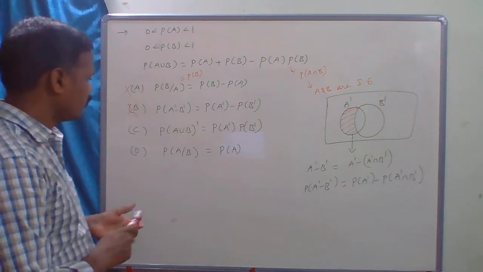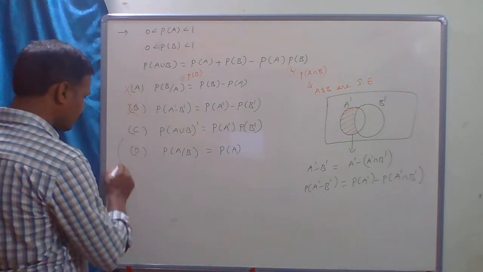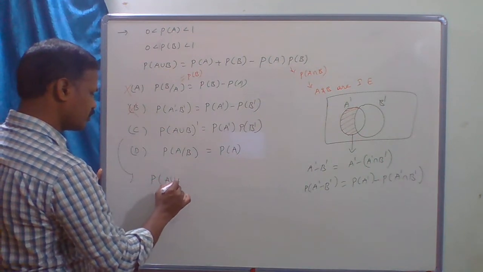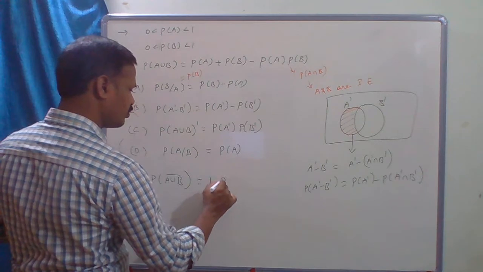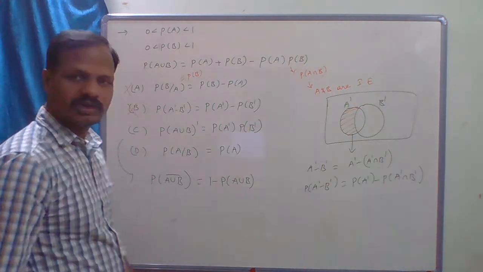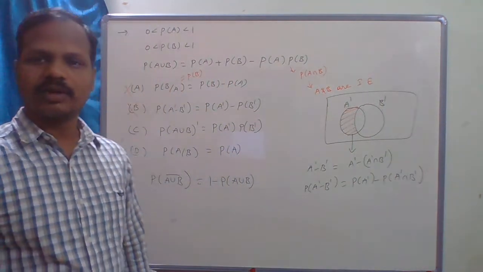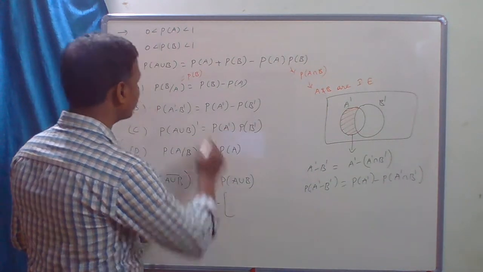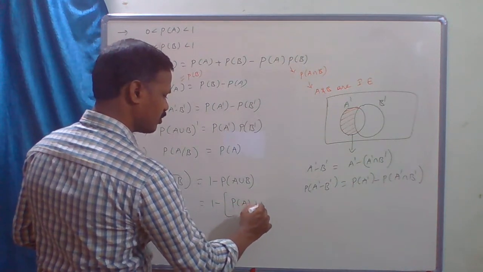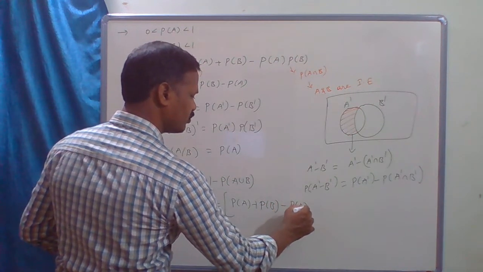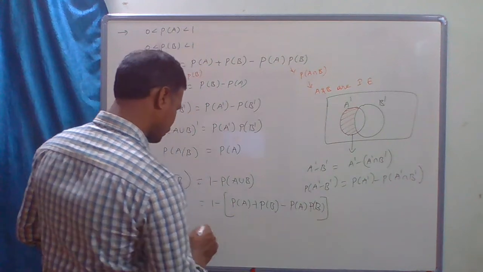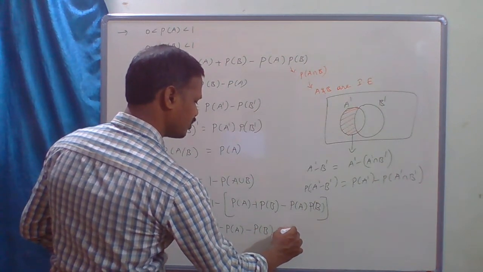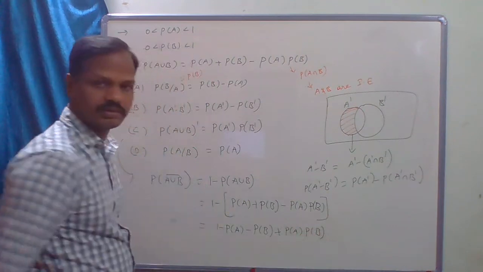Clear? Now probability of A and B dash. This is probability of A union B bar, which equals 1 minus probability of A union B, because probability of A plus probability of A bar equals 1, so probability of A bar equals 1 minus probability of A. Now this equals 1 minus, probability of A and B is given: probability of A plus probability of B minus probability of A into probability of B. So this is 1 minus probability of A minus probability of B plus probability of A into probability of B. Clear?